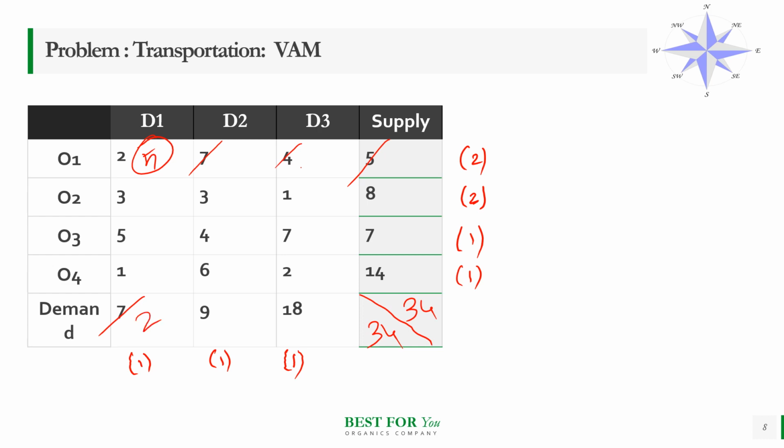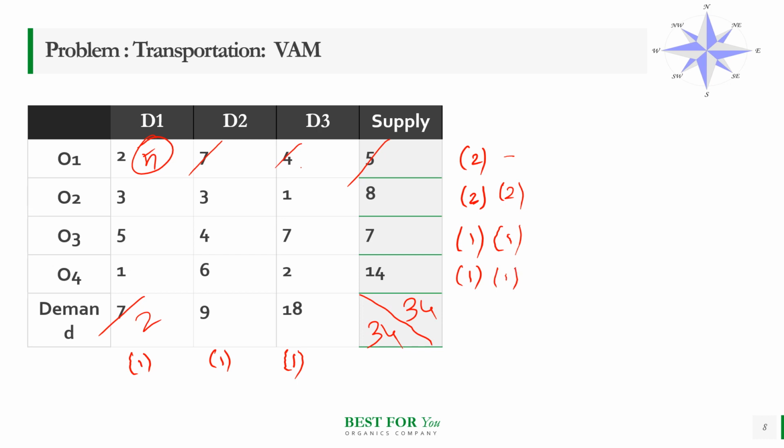Now again I have to repeat the same step. In the first row I don't have any elements, so I need not find any difference. For the next elements, I need to choose the least and the next least and take the difference. So 1 and 3, the difference is 2. Here again 4 and 5, the difference is 1. Here 1 and 2, the difference is 1.